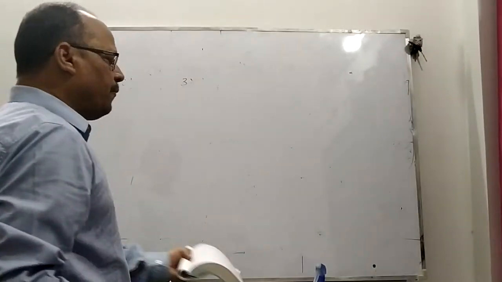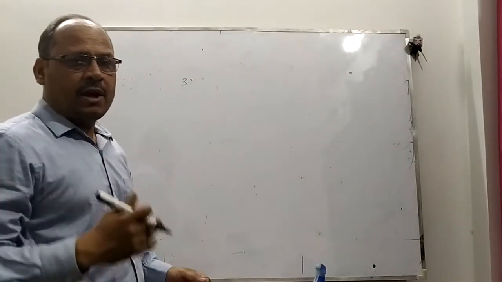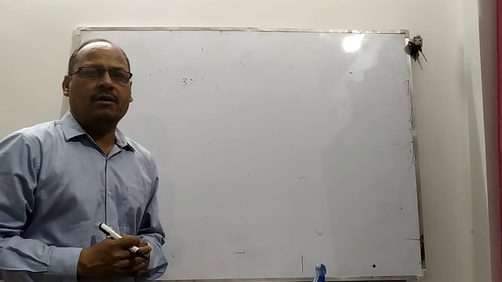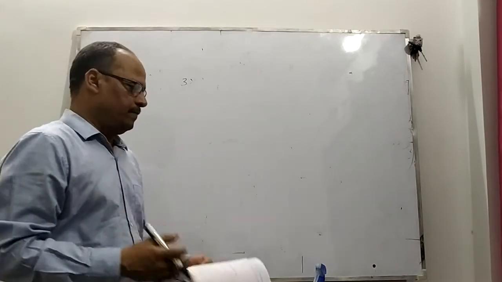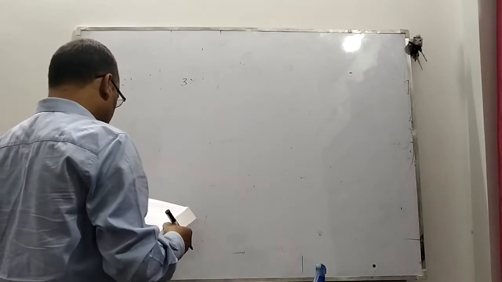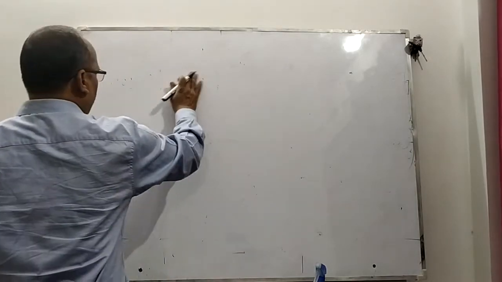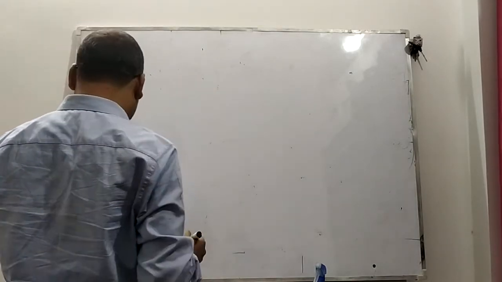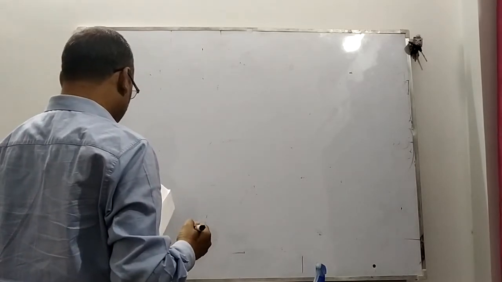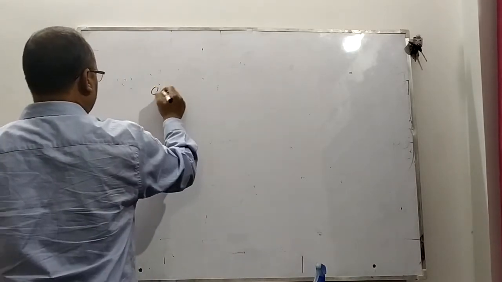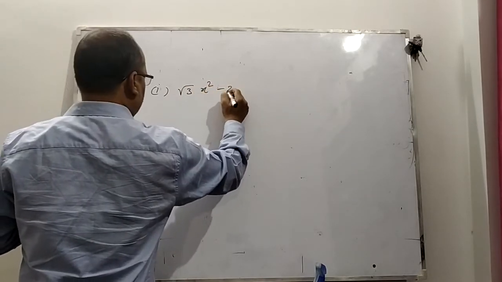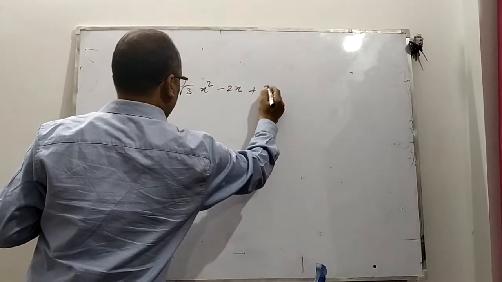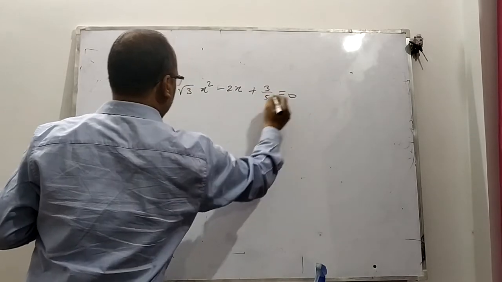The number of solutions of an equation depends on the degree of the equation. Here, exercise 5.1, now see some questions. The question number first is given here. Root 3 x square minus 2x plus 3 upon 5 equal to 0.